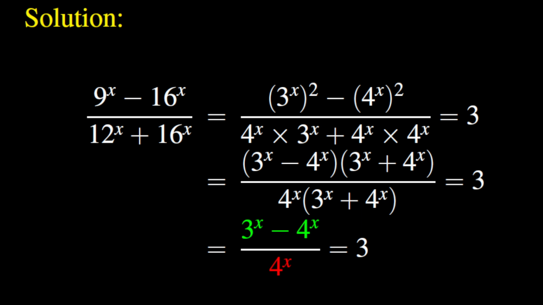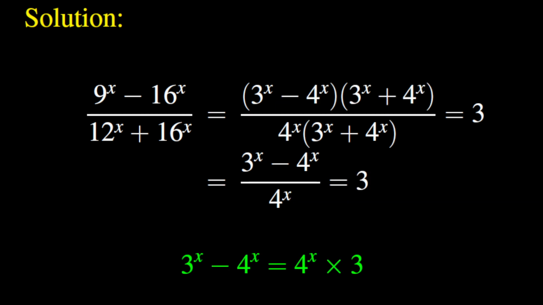All these algebraic manipulations have greatly reduced the complexity of the problem. The whole problem is therefore simplified as the equation 3 to the power x minus 4 to the power x over 4 to the power x equal to 3, that is, 3 to the power x minus 4 to the power x equal to 4 to the power x times 3. We move 4 to the power x to the right hand side and obtain 4 to the power x plus 3 times 4 to the power x.